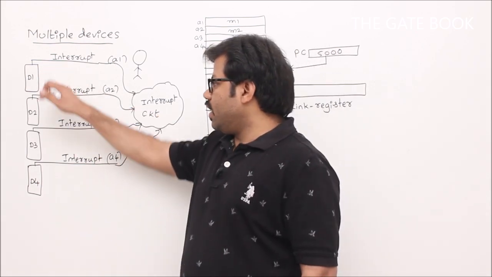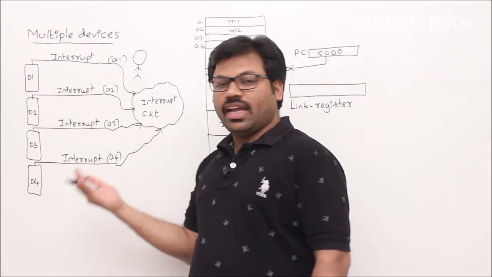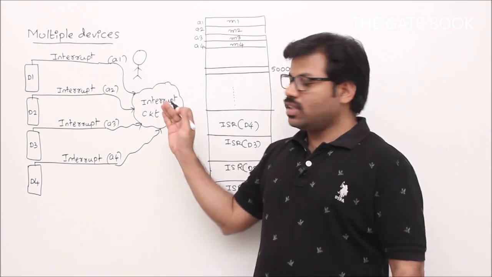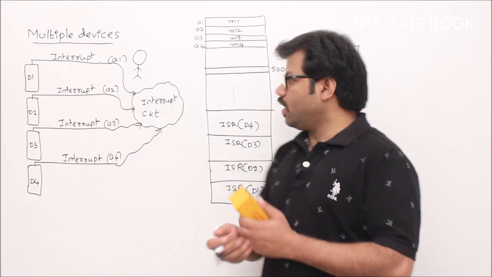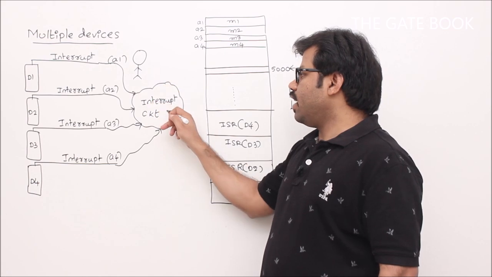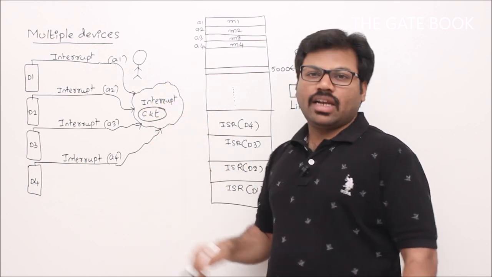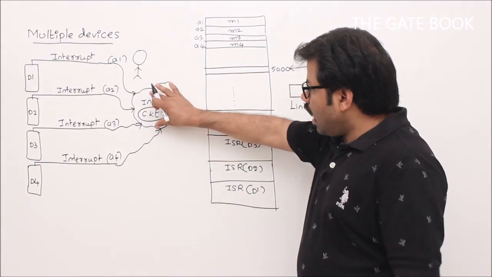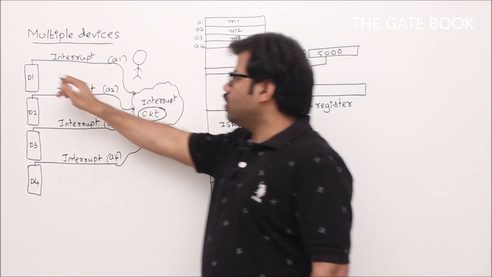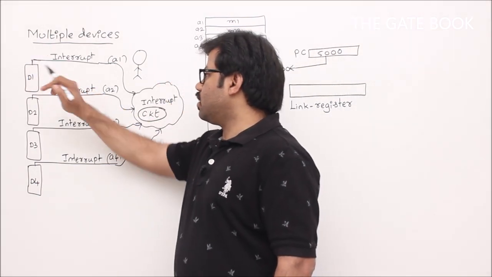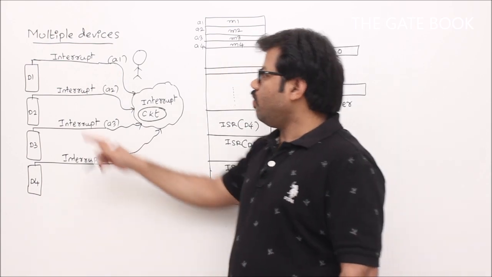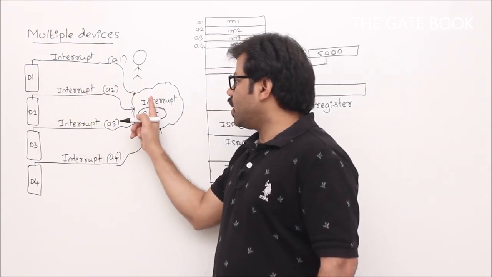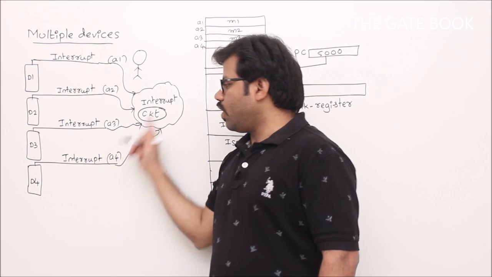When there are multiple devices and everything can generate an interrupt, how the processor is going to do this, we will see. However, the processor will again have a circuit related to interrupt handling, correct? That interrupt circuit is going to be connected to these cables like this. Imagine D1 is connected to the circuit, D2, D3, D4, everything.